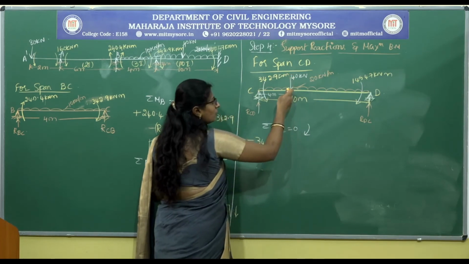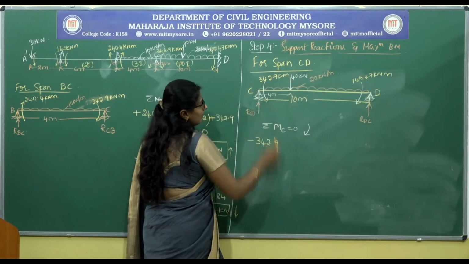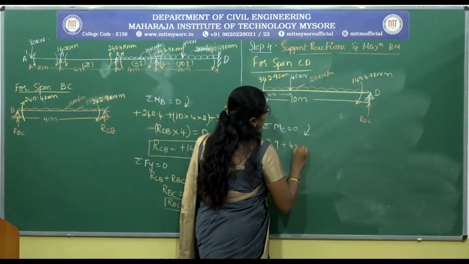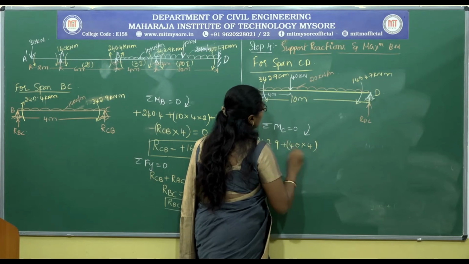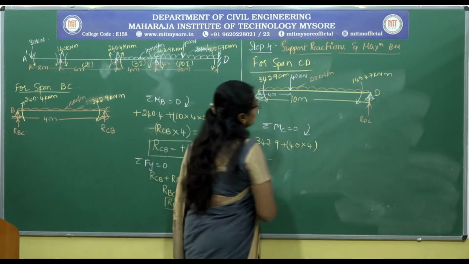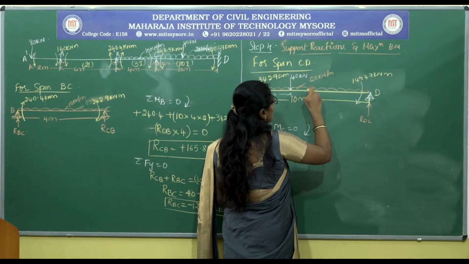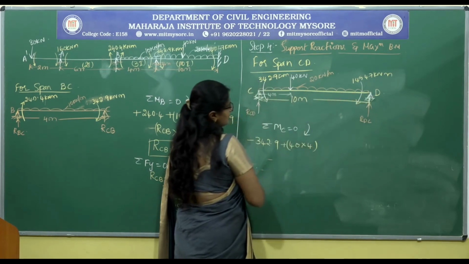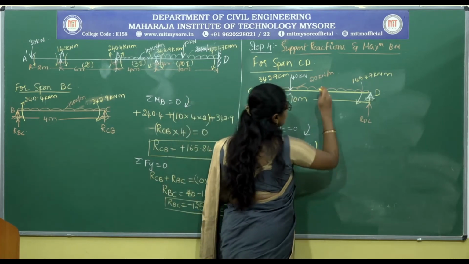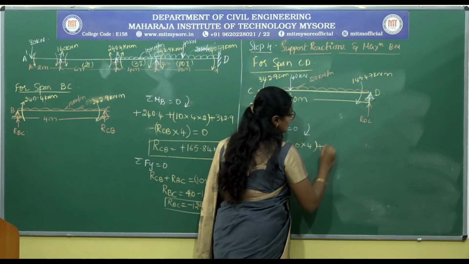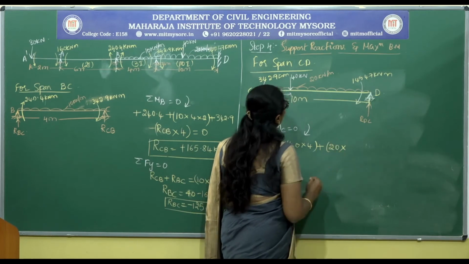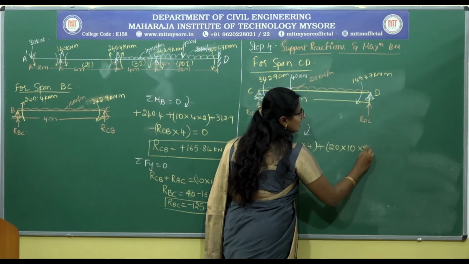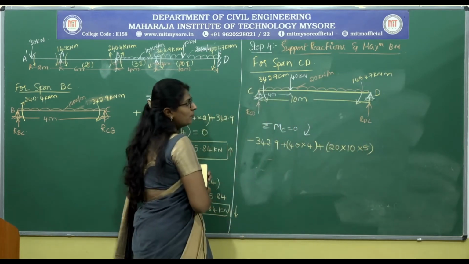Then this 40 kilonewton multiplied by the span 4 meters, which is in the clockwise direction, plus 40 into 4. Then again this 20 kilonewton UDL is acting for the entire span CD for the distance of 10 meters. So this is also acting in the clockwise direction. So I take 20 into 10, and half of this distance will give you 10 by 2, which is 5.